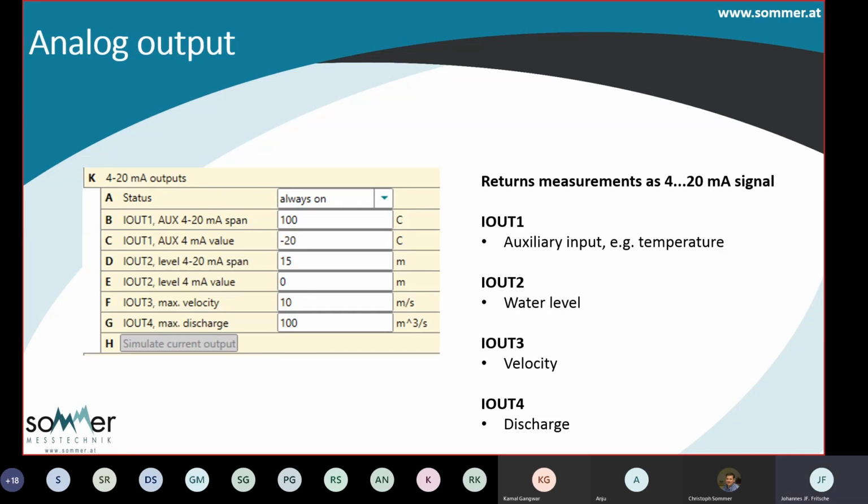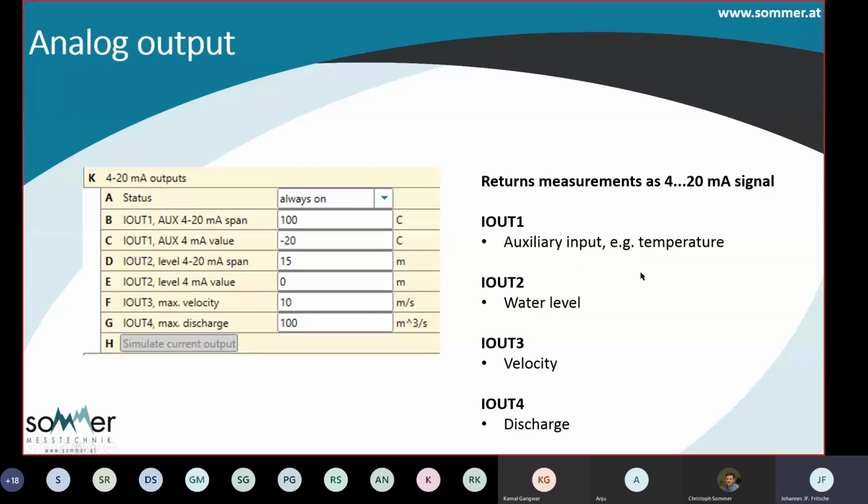Okay, and then you also have the option to give out the data of the RQ instrument not only by RS-485 or SDI12, but also by an analog signal. And the RQ provides 4 analog outputs, one for the so-called auxiliary input.